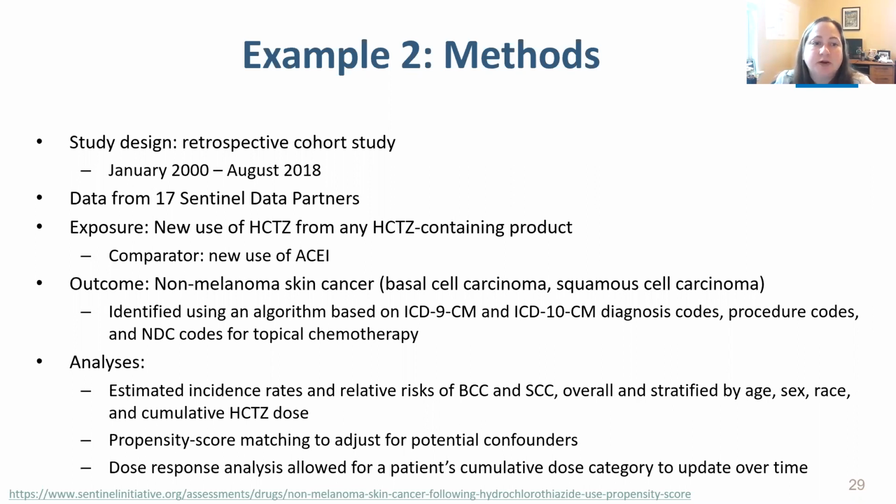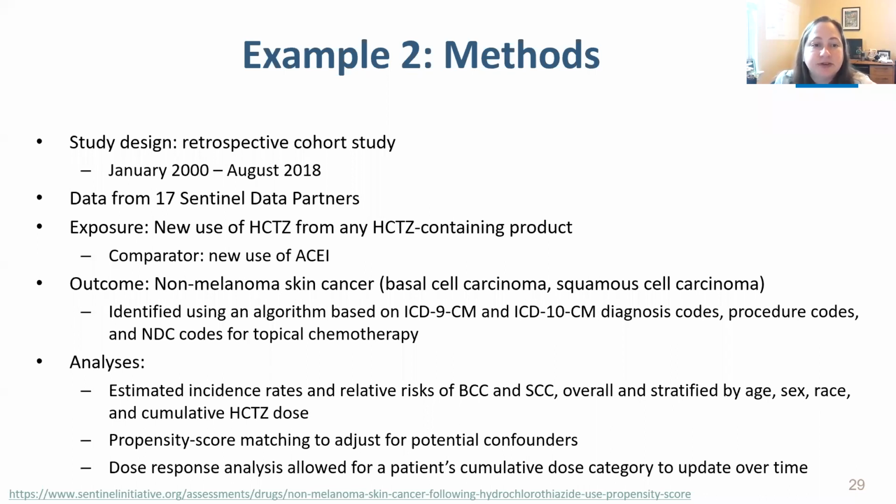In terms of the outcome, non-melanoma skin cancer was divided into basal cell carcinoma and squamous cell carcinoma. These were identified using a published algorithm based on ICD-9 and 10 diagnosis codes in combination with procedure codes and/or NDC codes for a topical chemotherapy.